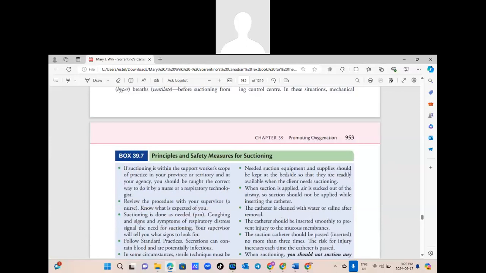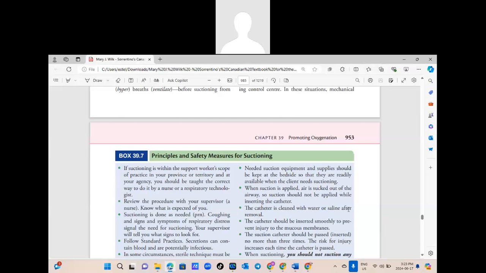So next, needed suction equipment and supplies should be kept at the bedside so they are readily available when the client needs suctioning. So when suction is applied, air is sucked out of the airway. So suction should not be applied while inserting the catheter.